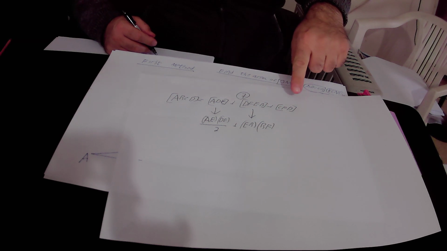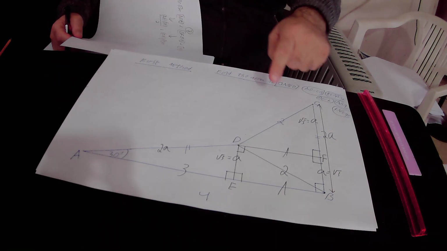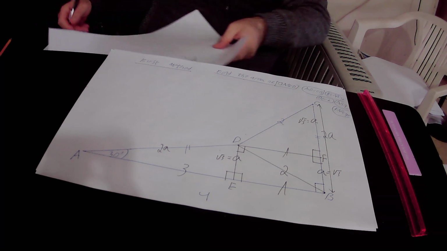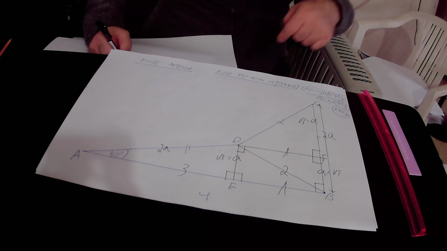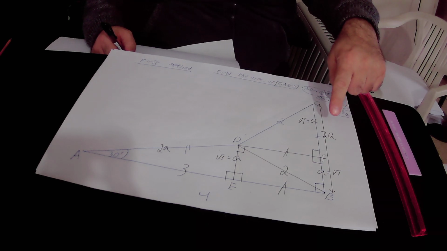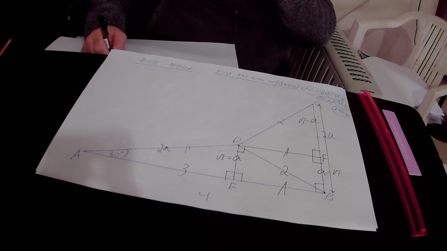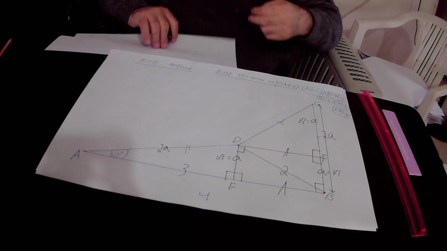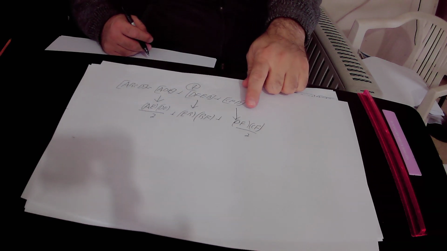And the area of the right triangle CFD will be equal to the base of the triangle, that is actually DF, times the height to the base, that is actually CF, over 2. I repeat again, the area of the right triangle CFD equals to the base of the triangle, that is DF, times the height to the base, that is CF, over 2.